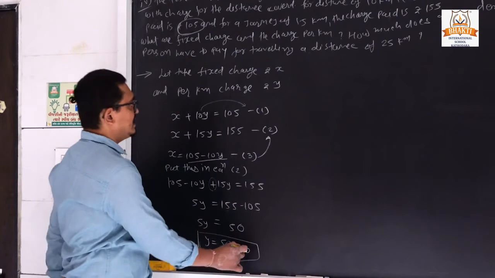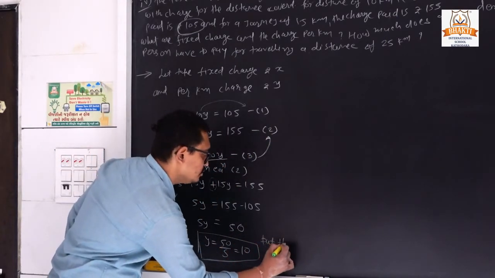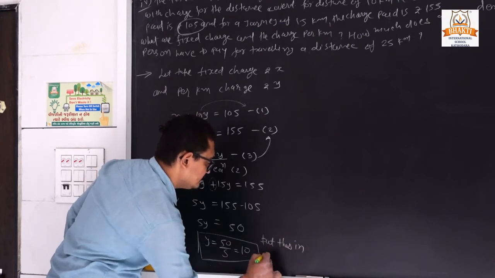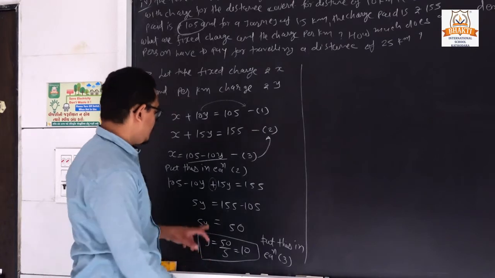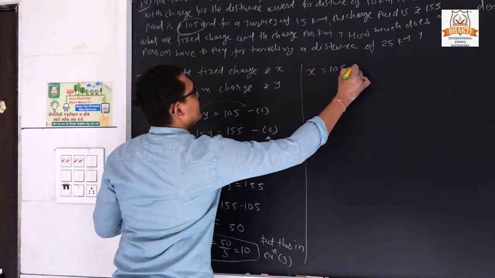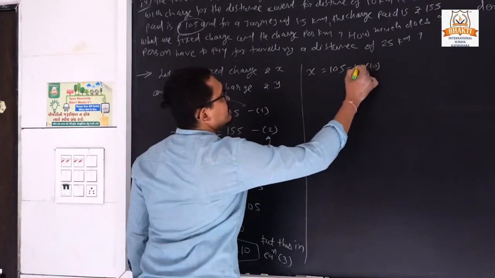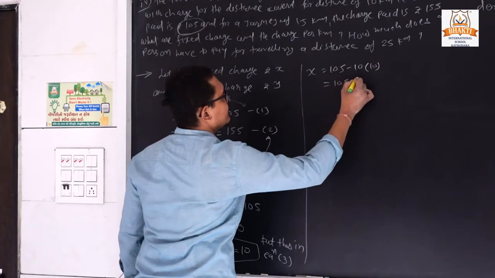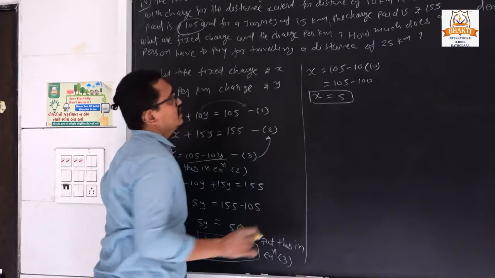Now put this value in equation number 3. So here x is equal to 105 minus 10, and y is replaced with 10. So it is 100. So 5. So it means what?